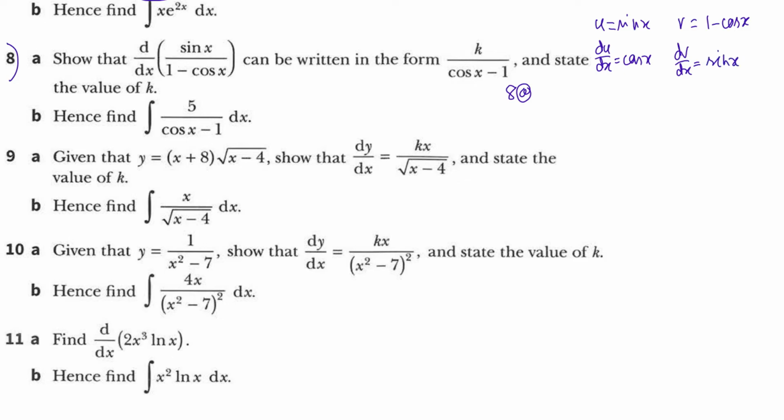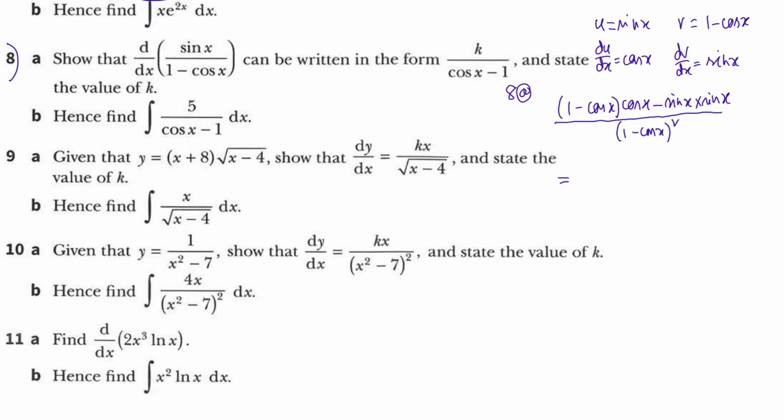Now let me put our final result, which is v du by dx, which is 1 minus cos x on the top into cos x, then minus sin x into sin x as the numerator, and the denominator is 1 minus cos x whole square.